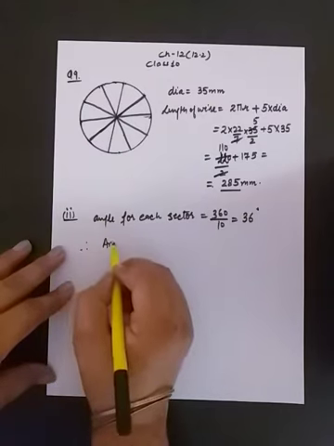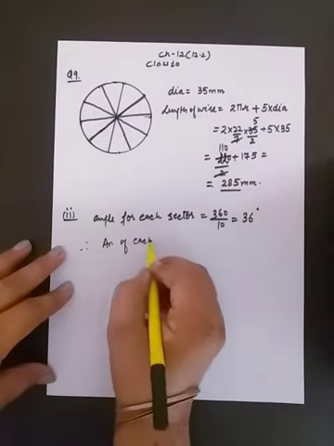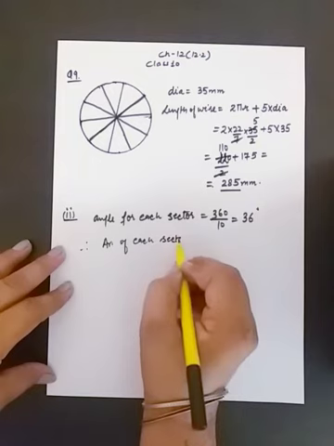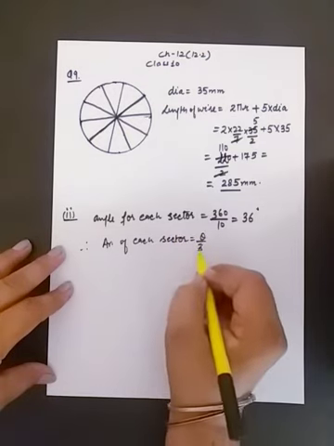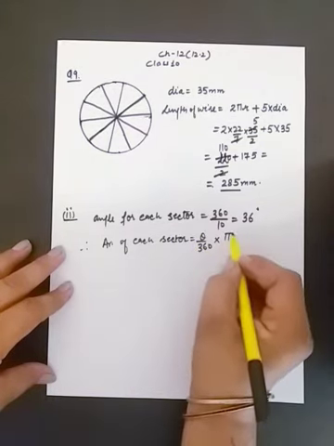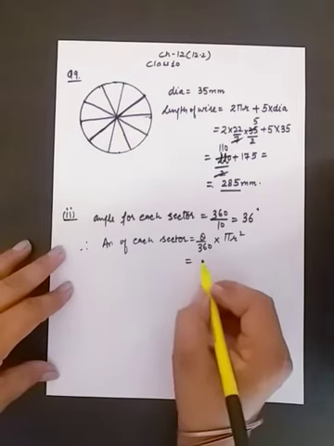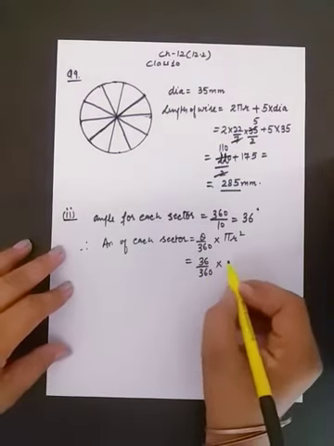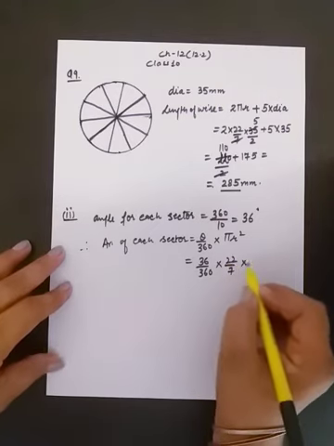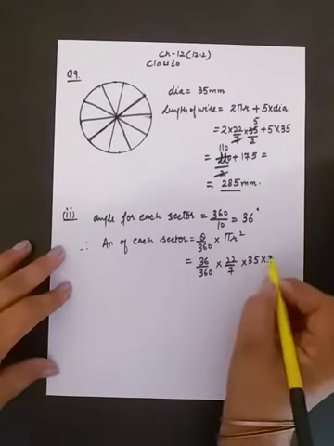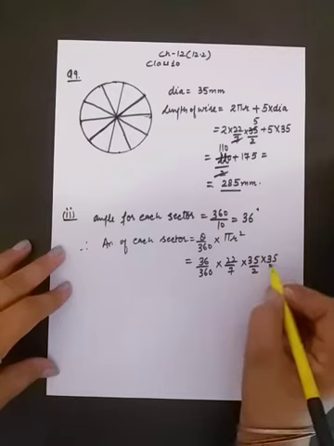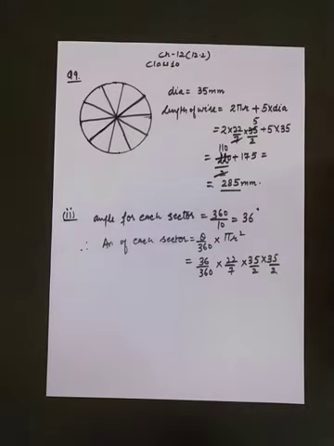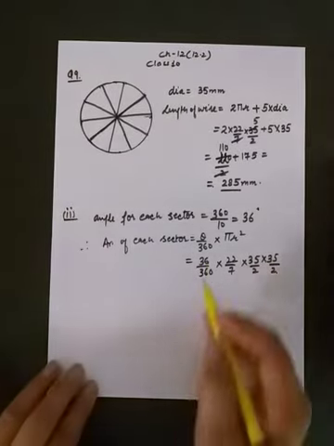So therefore area of each sector is given by theta upon 360 into pi r square. Now theta is 36, 22 upon 7 into 35 into 35 by 2 by 2, because 35 mm is diameter.